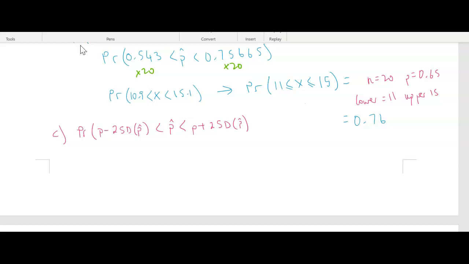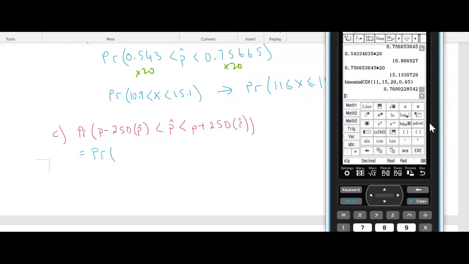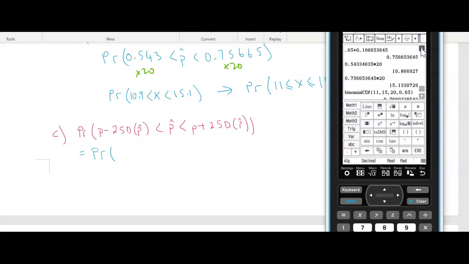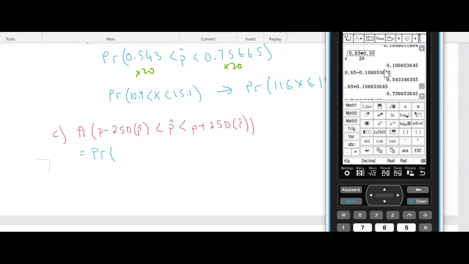So I can just do that on my calculator. I think I just forgot a bracket. Okay, so back on here, we've got the standard deviation. If I just go back up here, there it is. I'm going to highlight that, copy that down.